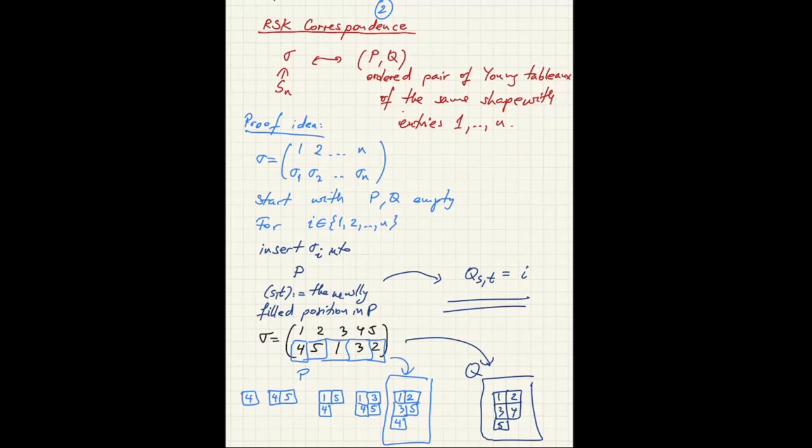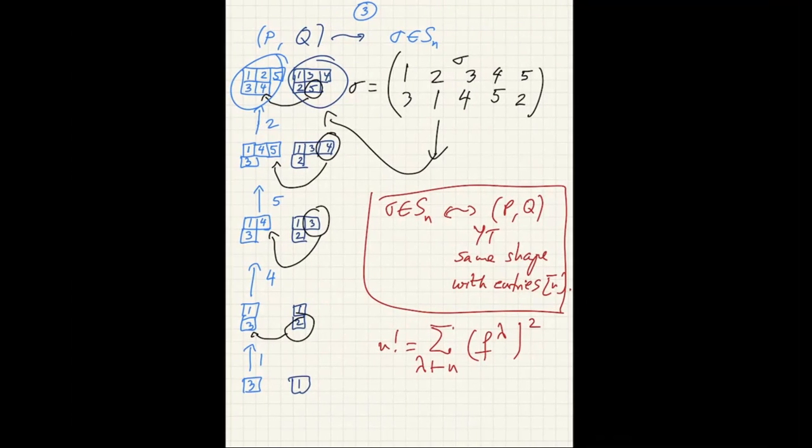I'll write them down on the next page. Right here. Basically sigma corresponds to P and Q, and what is going to happen is that sigma minus 1 is going to correspond to the pair QP. So if sigma gives you P and Q, then sigma minus 1 will give you the pair QP.